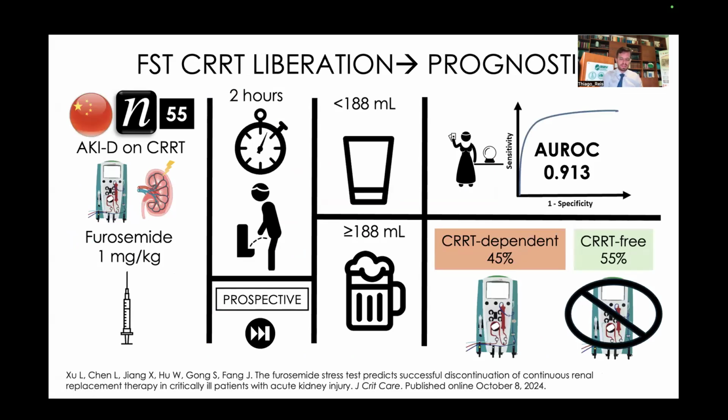But what I think is the most effective way to predict CRT liberation or discontinuation is the furosemide stress test. In this test, 1 milligram per kilogram of furosemide is infused in bolus, and after 2 hours, the urine output is measured.